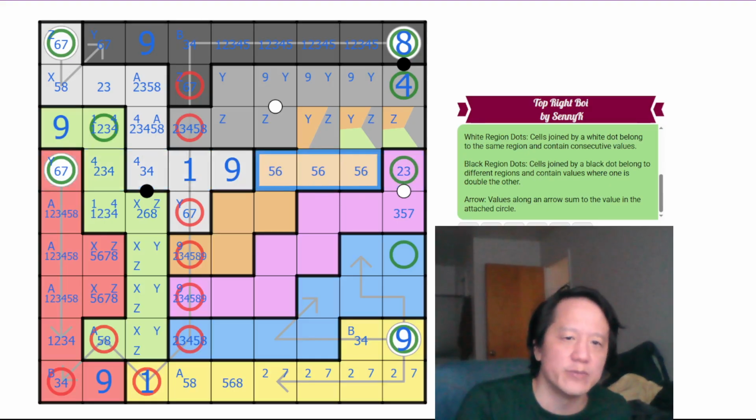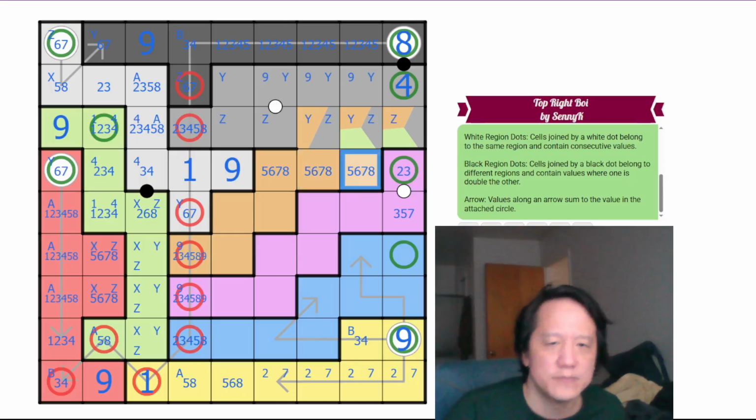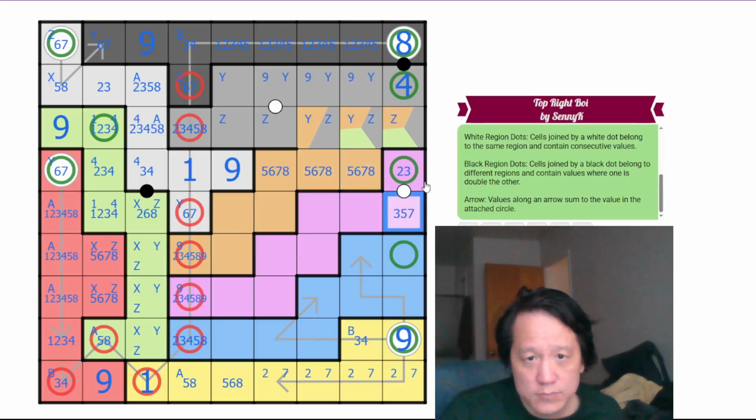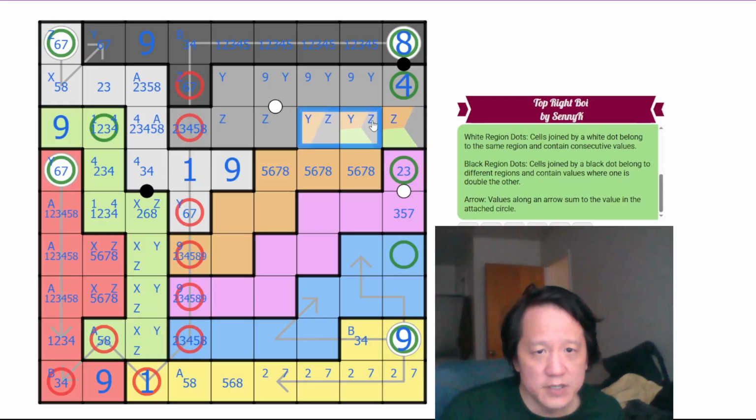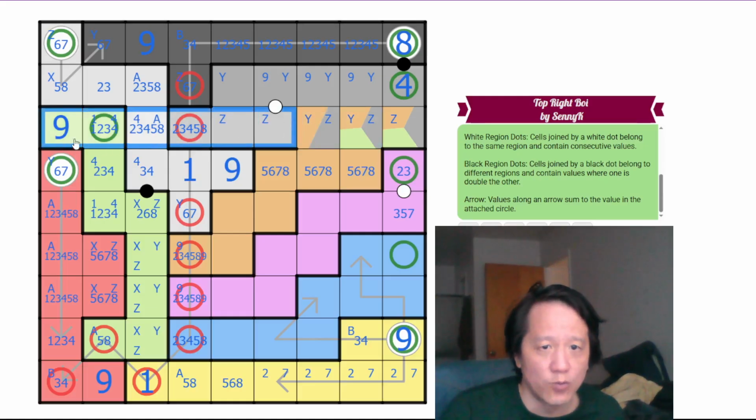So that means this is 5 through 8. So one of these is 6, 7. Okay, one of these is 6, 7. It's the Y 6, 7 because there's no other place for Y to be except in the orange region.